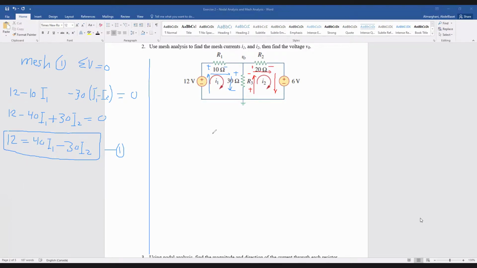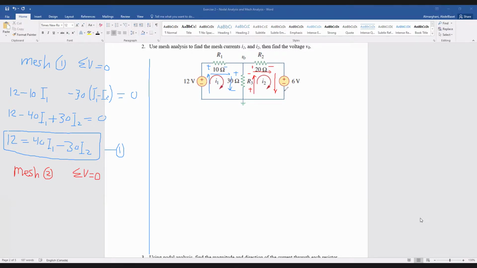Now the second equation, I forget about the first. I'm gonna start the second loop here, the second mesh, different color, just to show you that this is another one. Again, the sum of the voltage equal to 0 because it's a mesh, it's a loop. I'm gonna start from here, negative, negative, and negative.